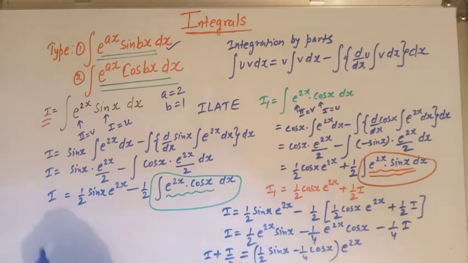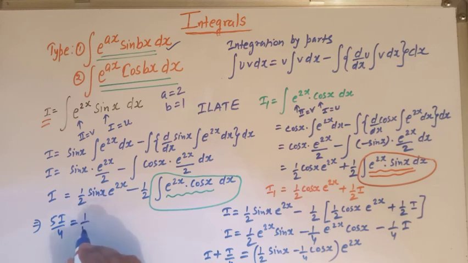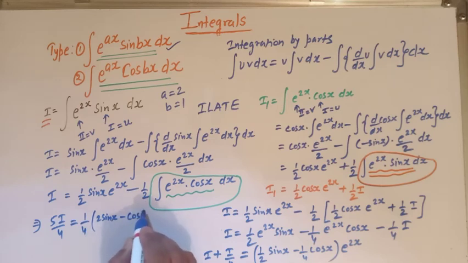Now this can further be written as 5I by 4 is equal to, since this is 4I plus I, 5I by 4, and if we take 4 as LCM here, we have 2 sin x minus cos x, times e raised to 2x.